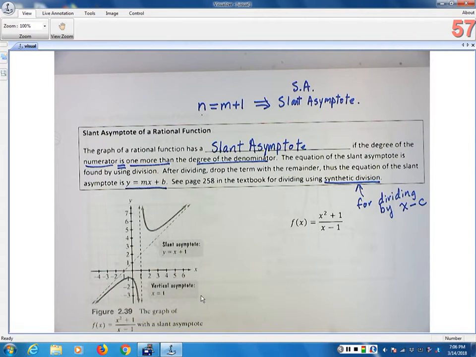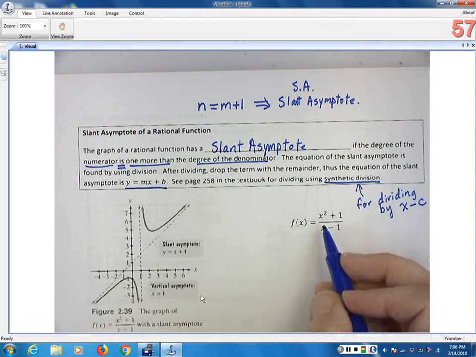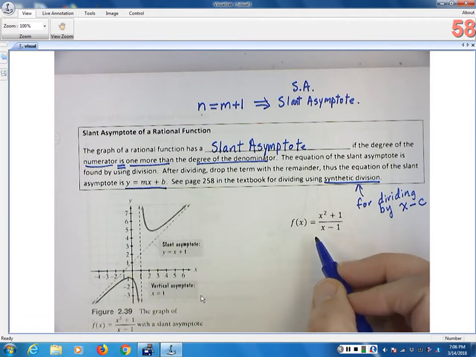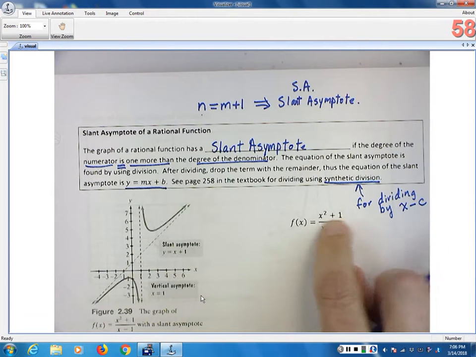So, if we want to divide this using synthetic division, we rewrite this numerator with every place.